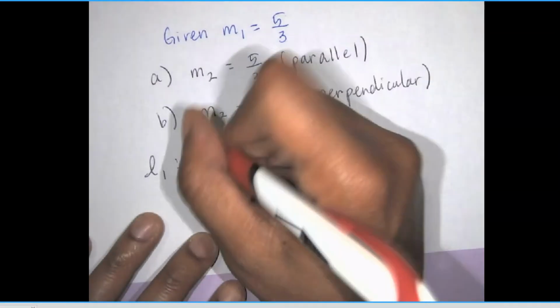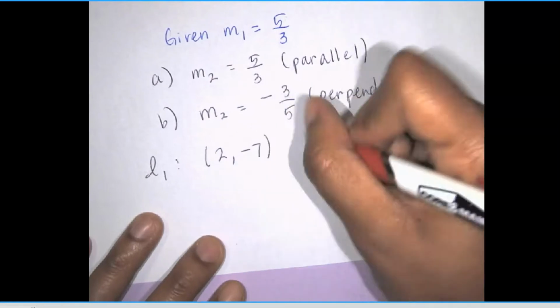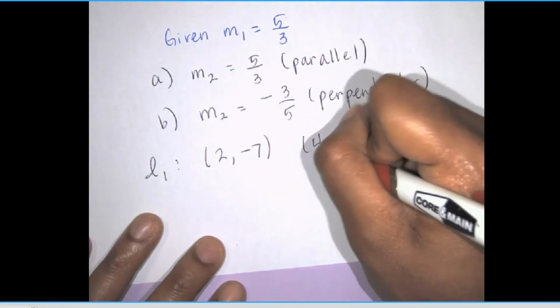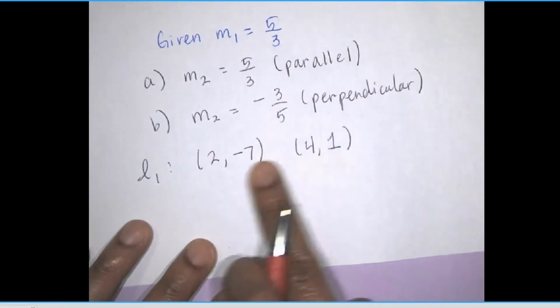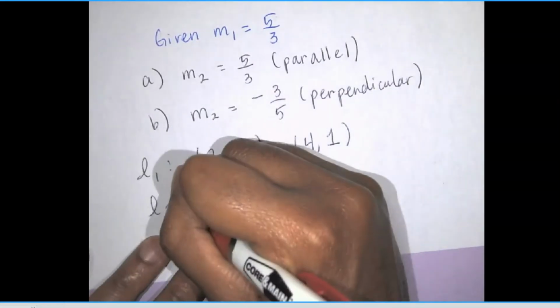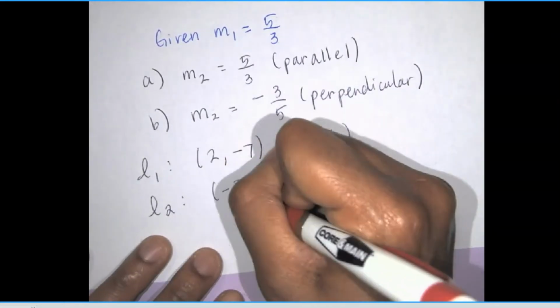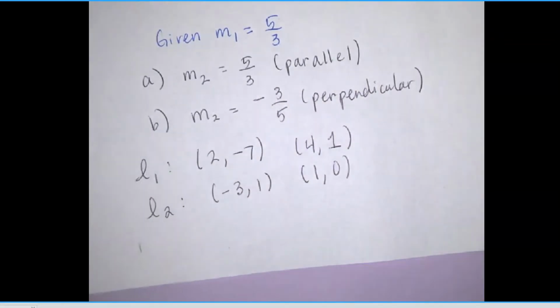So remember, you got these 2 points. And line 2, here's 2 points off of this line, -3, 1, and 1, 0. Sorry about that, guys.